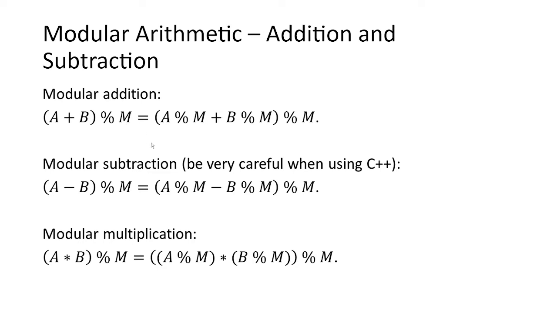what we can do is we take the number a and take out its mod first, and then take the number b and take out its mod. These numbers will be such that now a mod m plus b mod m will be within the range of int, so it will not overflow.